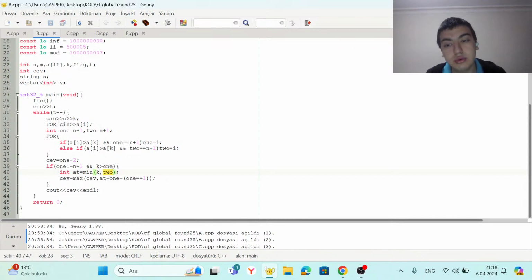Also, the cow in l2 is also greater than us because it's the second leftmost element that is greater than us. So we should find their minimum index.